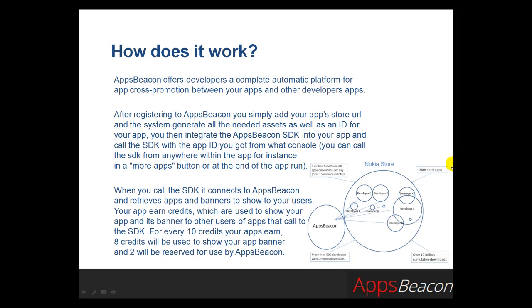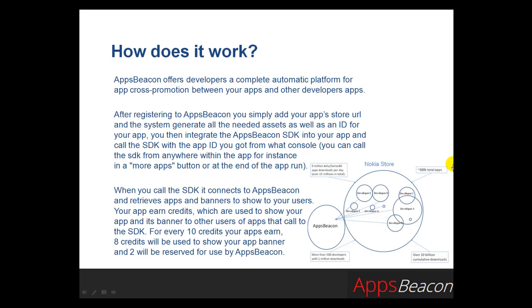When you call the SDK, it connects to the AppsBeacon server and retrieves apps and banners of other developers to show to your users. Then your app, which called the SDK, earns credits.